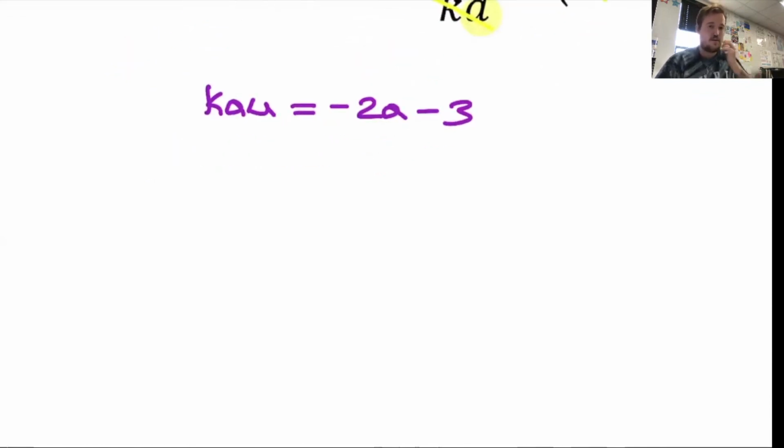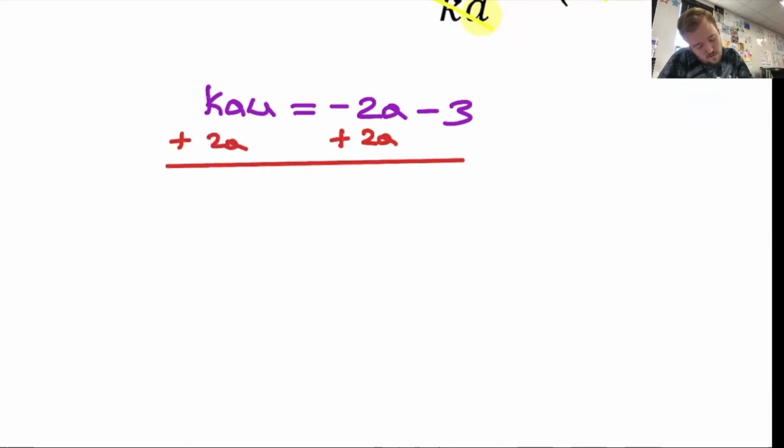All right, so now I still need to get all the a's on one side. So I'm going to move this set of a's to the left side. So to do that, I'm going to add 2a. So I have 2a plus Kau equals -3.